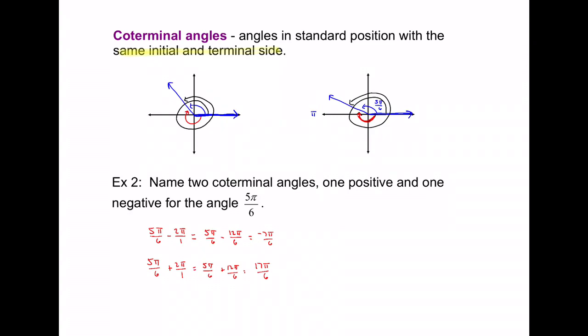Here's 5 pi over 6, and then we added a full rotation to get 17 pi over 6. So those are coterminal angles: 5 pi over 6, negative 7 pi over 6, 17 pi over 6. All three angles have the same initial and same terminal side.